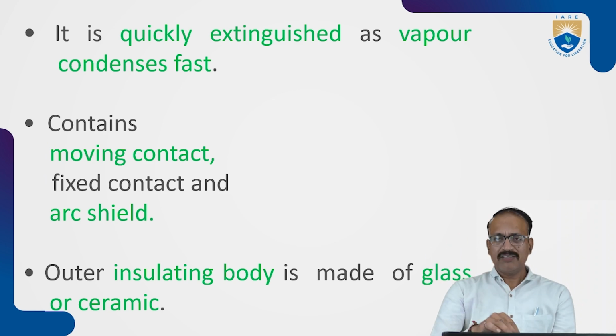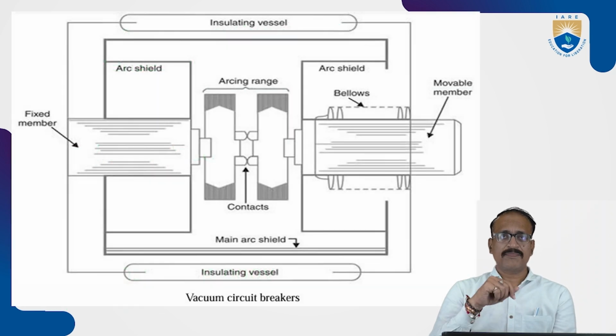So it also contains a moving and fixed contact and outer insulating bodies made up of glass or ceramic. So this is the diagram: arc shield, insulating vessel, fixed and movable contacts.